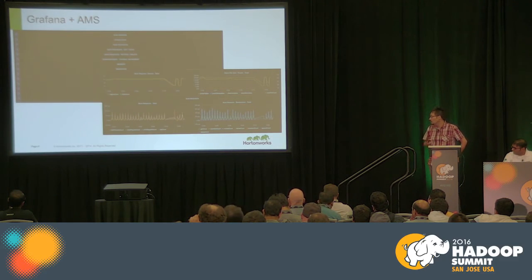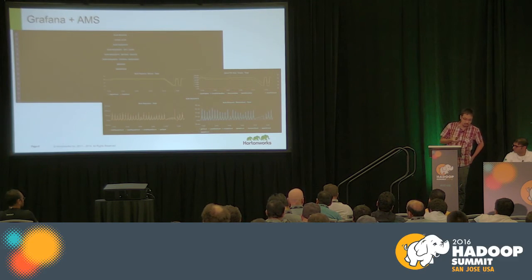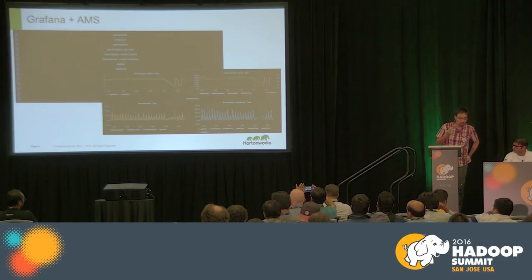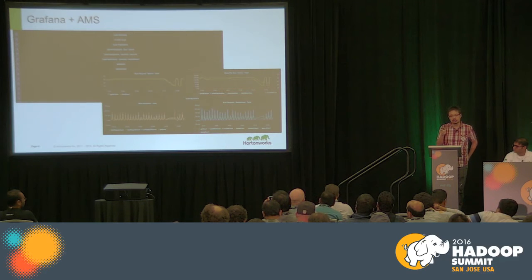So in Ambari, in the recent versions, we are shipping what's called the AMS server, and we are shipping a tool called Grafana. HBase has hundreds of metrics, and how would you know what to look for and what a particular metric means?